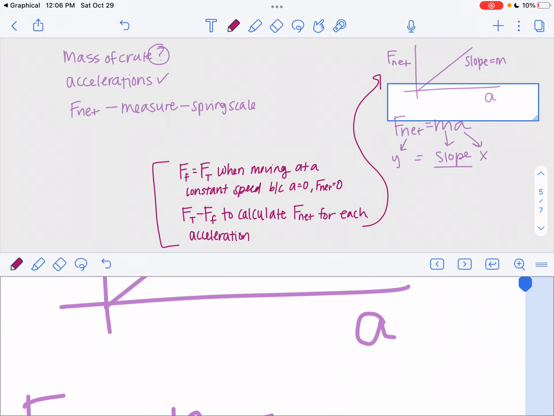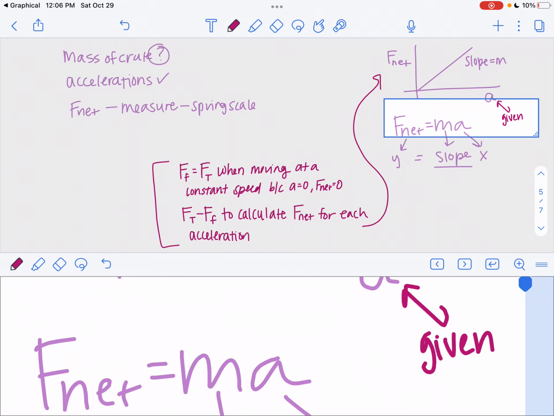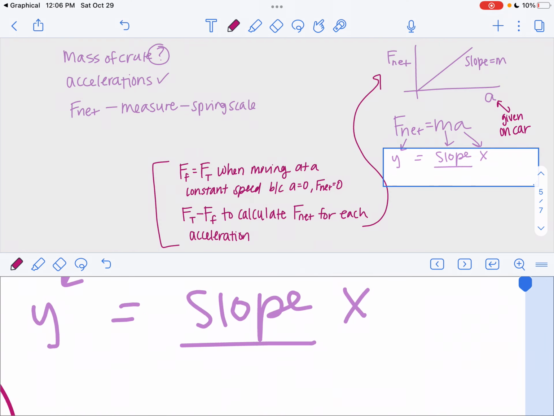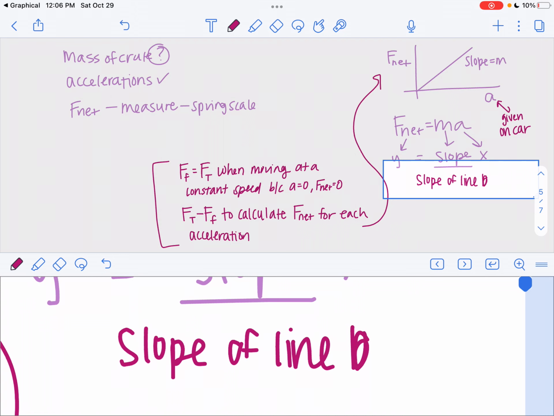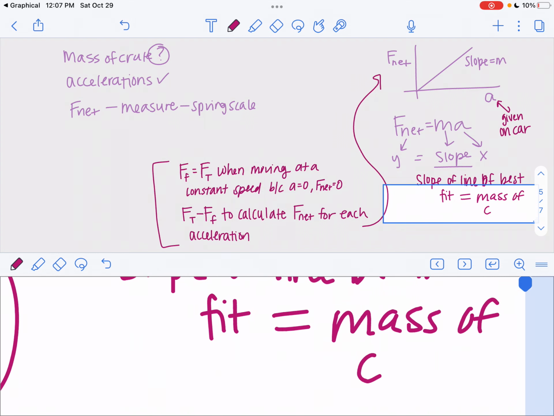The accelerations are just going to come from the given information on the car. And then basically I'll use the slope of the line of best fit, and that's equal to the mass of the crate.